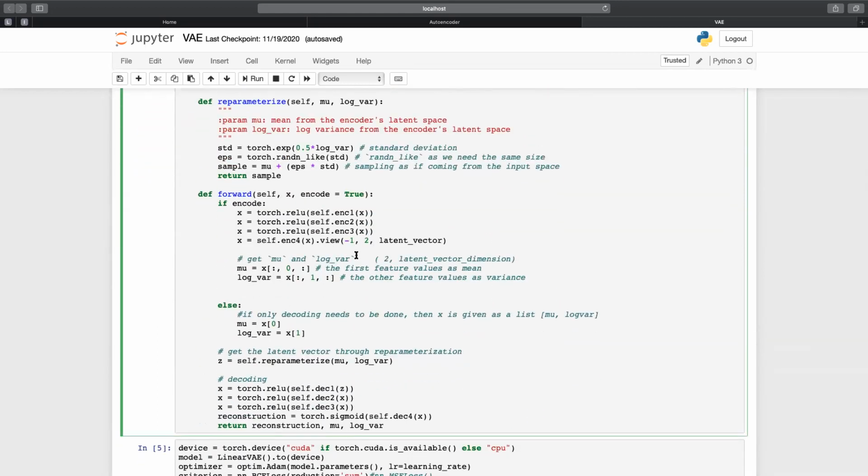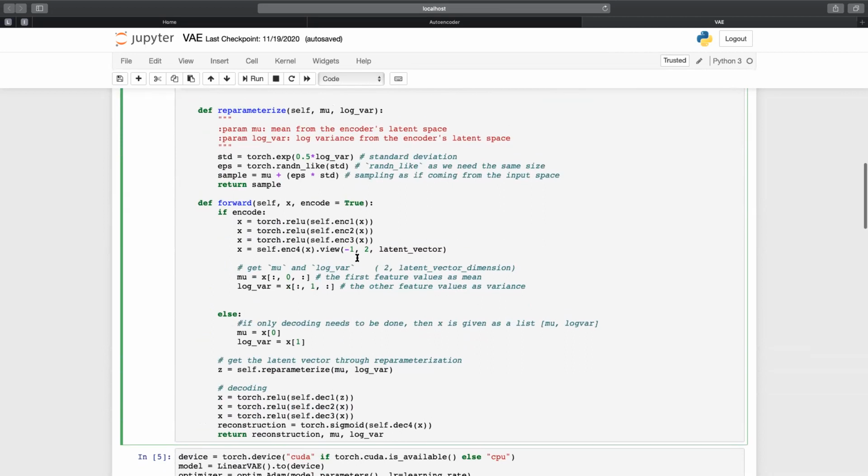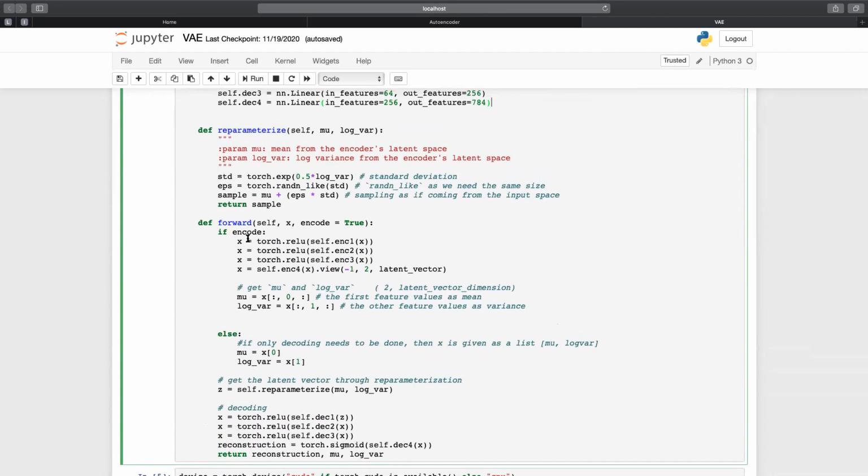The forward pass is now different from an autoencoder, where it's just passing things through the encoder and then recreating them in the decoder. What we have is we pass things through the encoder layers, and the output that we get are now the parameters of a distribution. The first 16 elements correspond to the mean. The second 16 elements correspond to the variances.